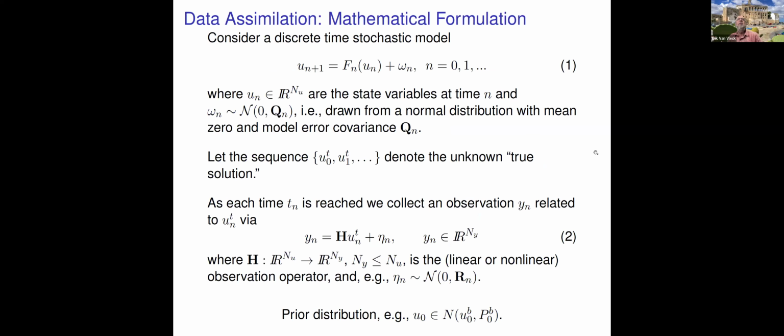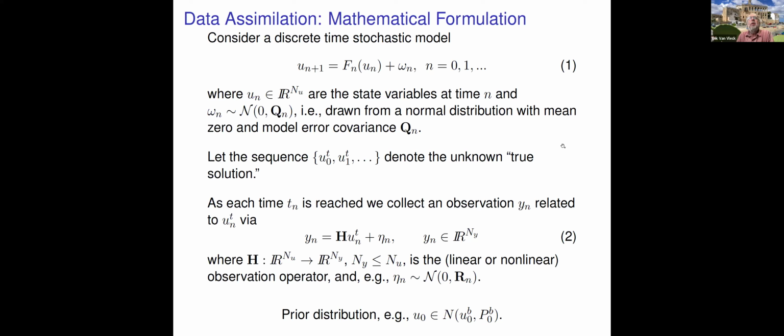So here's the general setup I'll work with. I'm going to have a physical model that time steps. That's equation one. The state variables at time n would be u_n, in some finite dimensional state space of dimension N_u. We'll assume there's some additive noise that, for simplicity, we draw from a Gaussian. And we're going to couple this with some observational data.